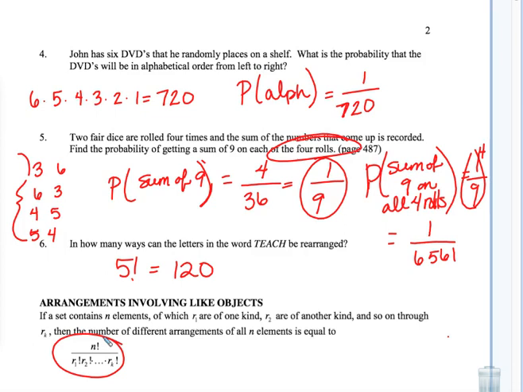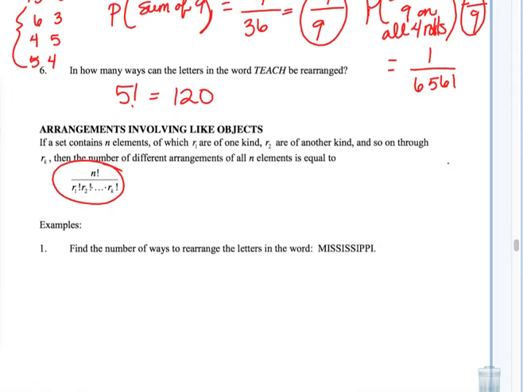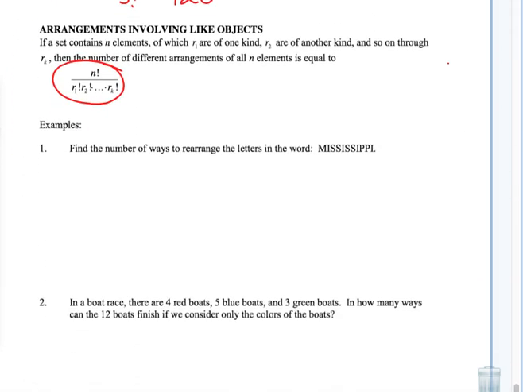When you have 4 I's to choose from, switching out 2 of the I's is not a different arrangement. And so you have to divide out those repeated objects or letters, whatever you're looking at there. So let's do a couple of those. And if you understand when to use this formula, these really are very, very simple.